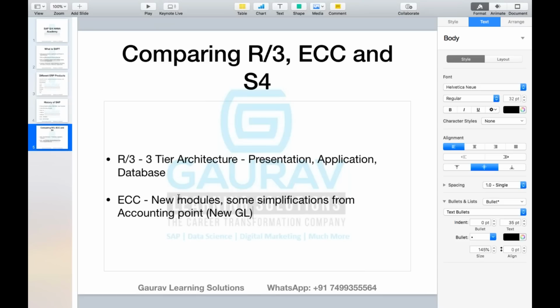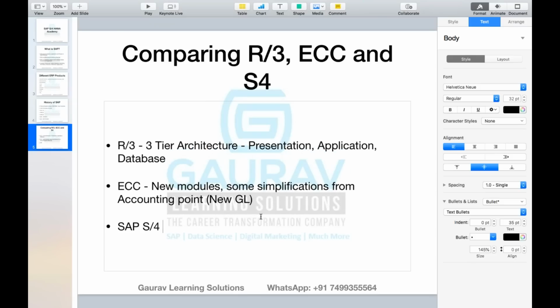See, ultimately, for any product, when R3 came, or ECC came, or SAP S4 HANA came, who is the decision maker? Who will decide whether I should upgrade my project or not? In a company, obviously there is a purchase department, a sales department, a production department.